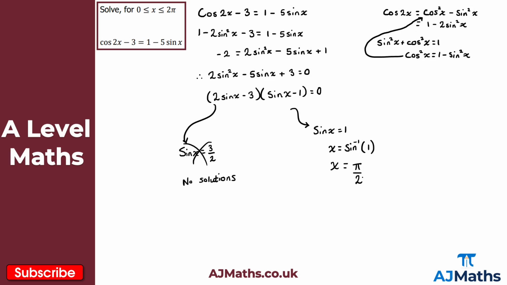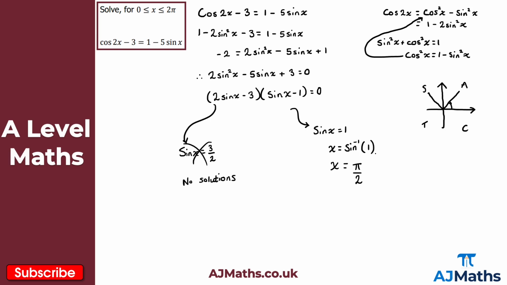Okay. And if we just quickly think about a CAST diagram here to obtain the full set of solutions then. I'll quickly draw my CAST diagram here. We've got C, A, S, and T. Well, we're working with sine here, so where is sine positive? Well, sine is positive in this quadrant here. And sine is also positive in this quadrant here.